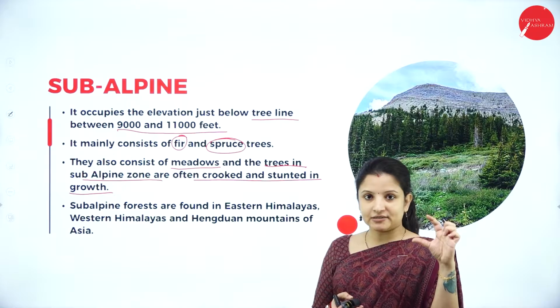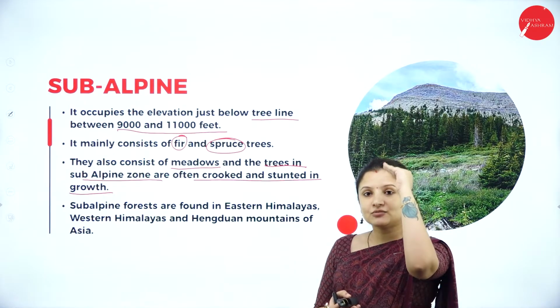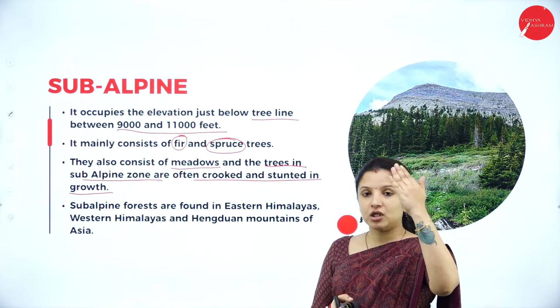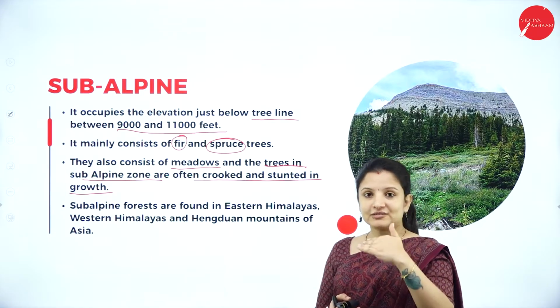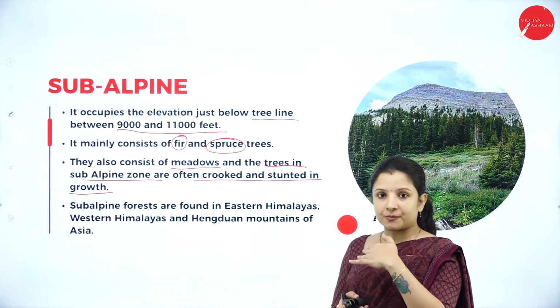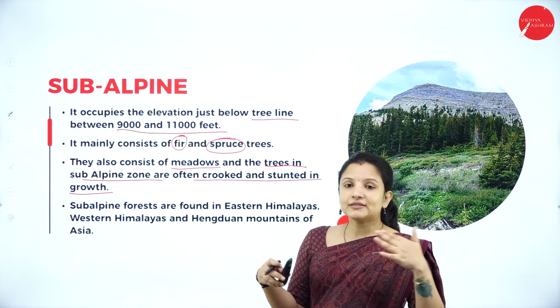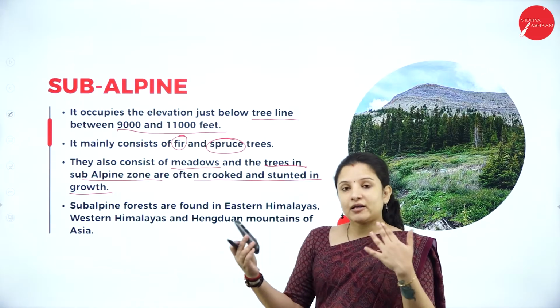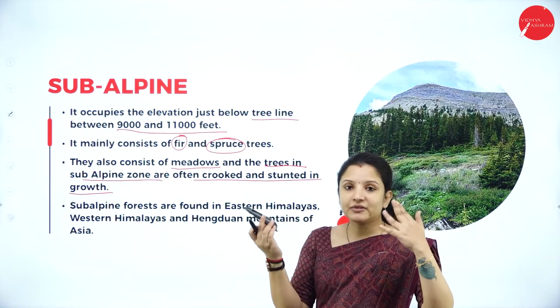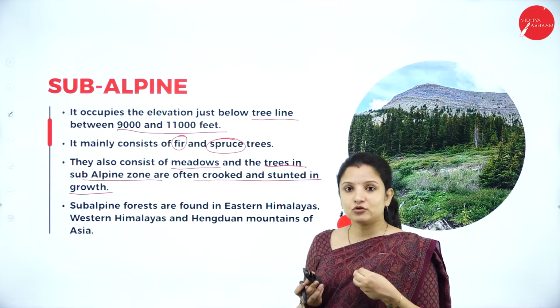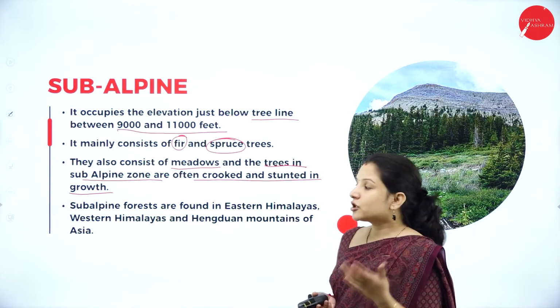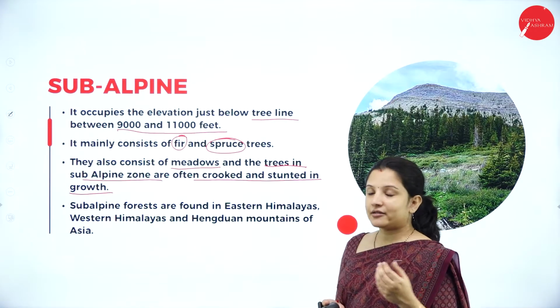So the trees that are growing above this region prevent the entry of sunlight to the subalpine region. Therefore, the trees growing in the subalpine region have to grow in such directions wherein they receive the sunlight. Wherever a gap is there where they receive the sunlight, they have to grow. So that is why they appear crooked in nature, crooked and stunted in growth.